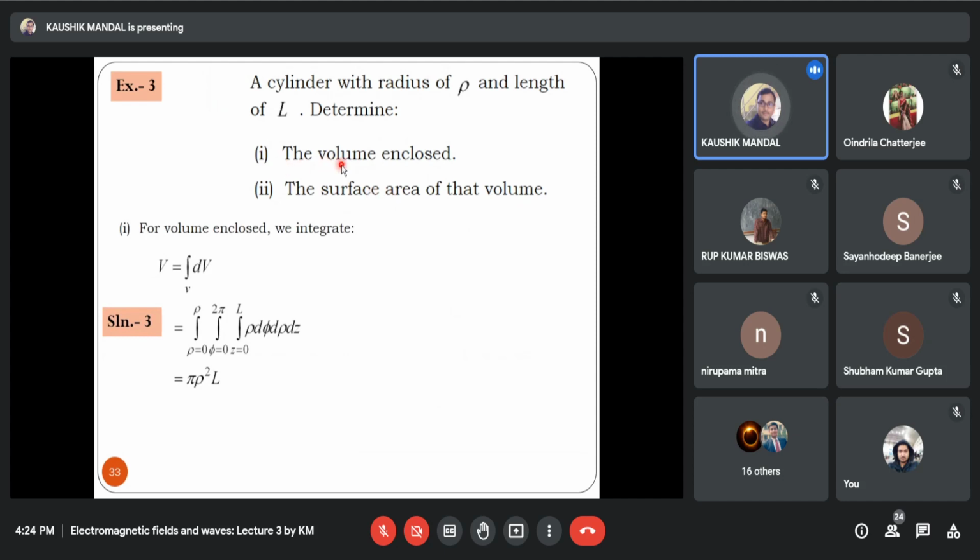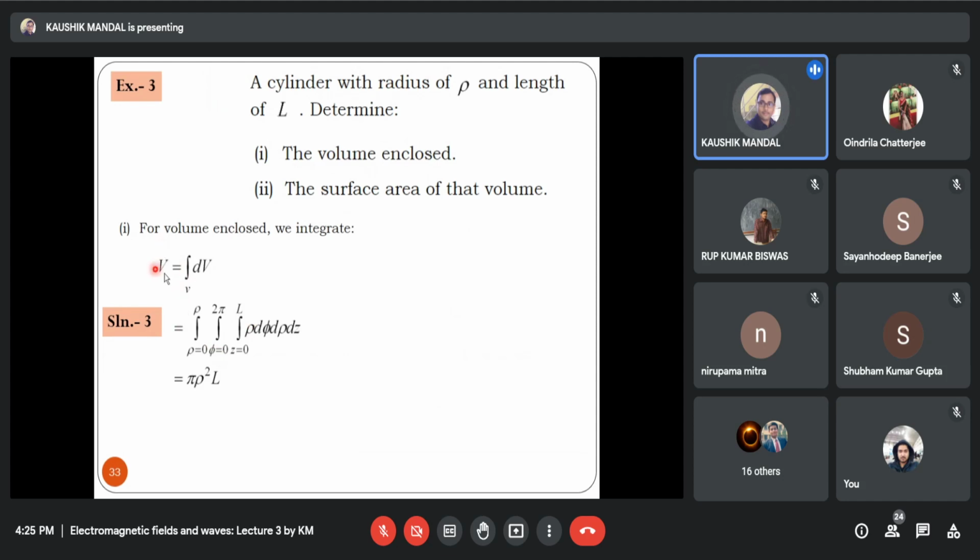For the first one, if you have to find out the volume enclosed, we are simply considering a cylinder. The radius of the cylinder is rho and the length of the cylinder is L. Length of the cylinder means basically the height of the cylinder.